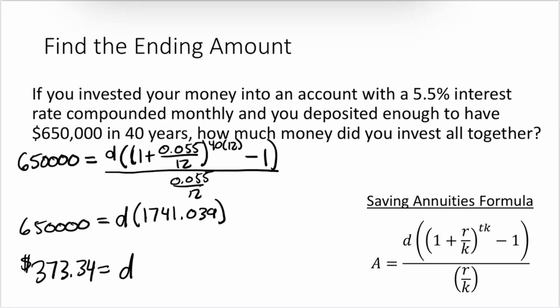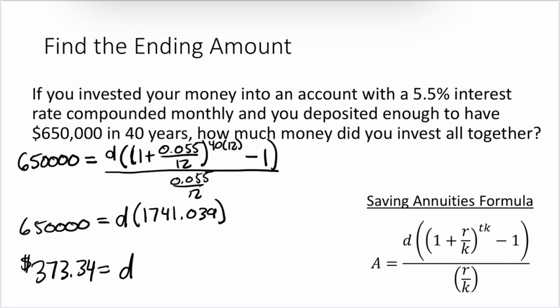Okay, so on this one, they gave you the interest rate, and they told you how much you wanted to have at the end of the 40 years, but they didn't tell you what your deposit was. And to be able to figure out how much money we invested altogether, you need to know what the deposit is.